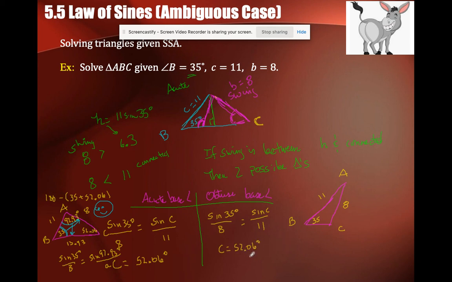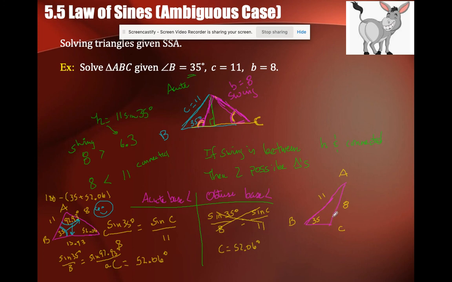But what I don't understand is, how can this be? Well, look at these angles here. This angle, 52.06. If you put this angle together and that angle together, can you see what's happening? I don't actually have to set this relationship up. I'm going to get the same answer.